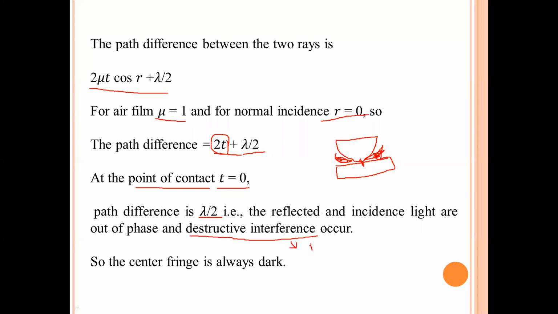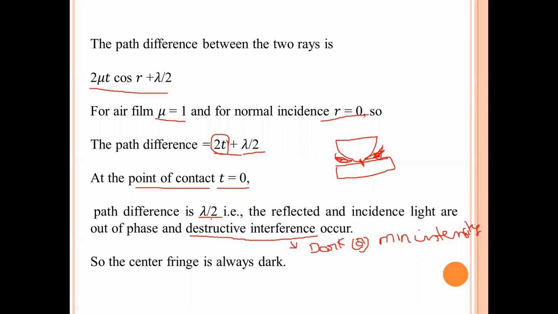Destructive interference means it is the case of dark, or it is also named minimum intensity. This is very important. If the path difference is equivalent to lambda by 2, that means the path difference values are lambda by 2, 3 lambda by 2, 5 lambda by 2, and so on.